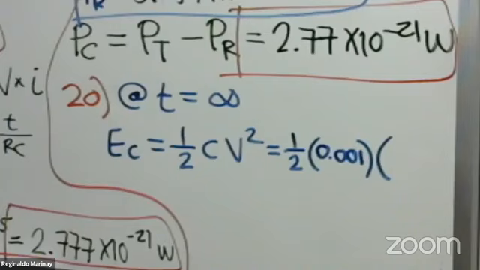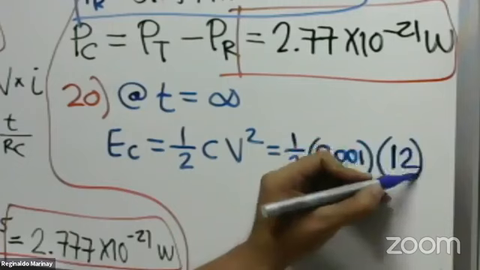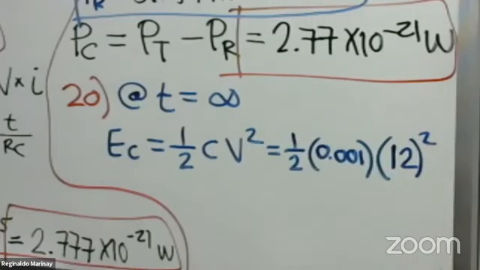Our voltage at time t equal to infinity will become equal to the source voltage, which is how much? 12 volts. Let us calculate that. So that is 0.001 times 12 squared.